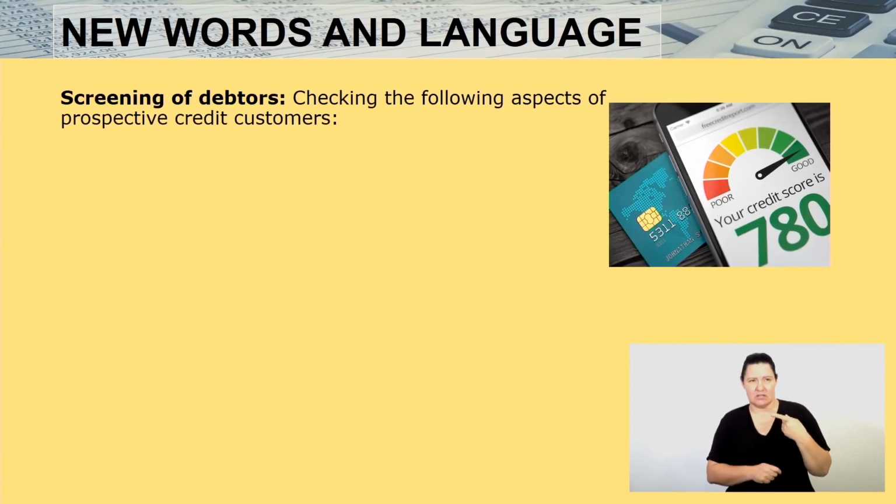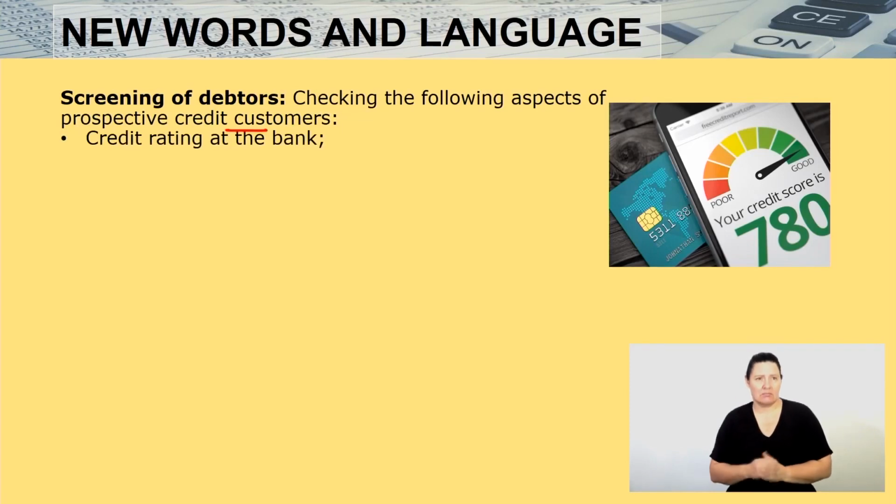Here are new words and language that I'm going to introduce to you today. The first one, the screening of debtors. This is checking the following aspects of prospective credit customers. Before we can sell goods on credit to a customer, we have to check some things to see if they will be reliable credit customers. What can we check?